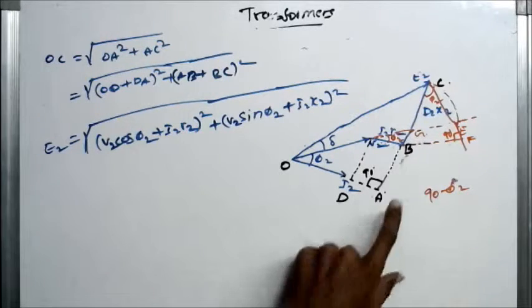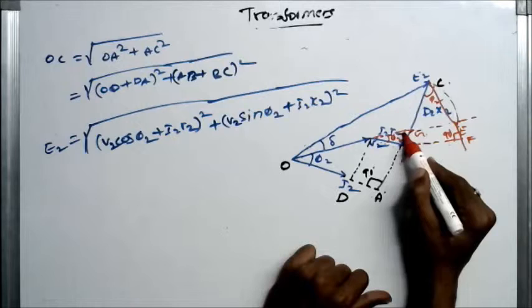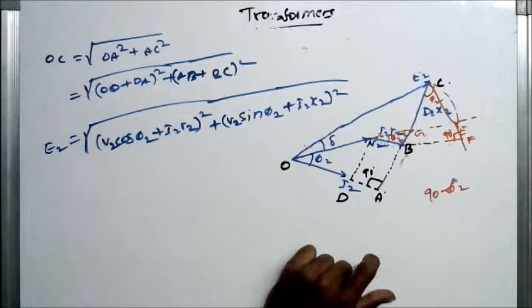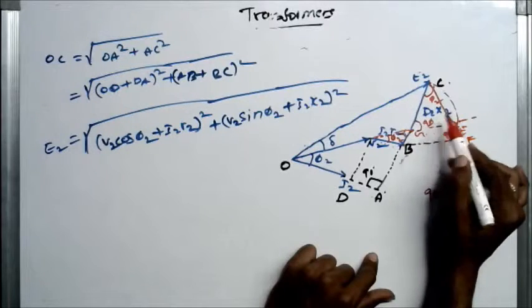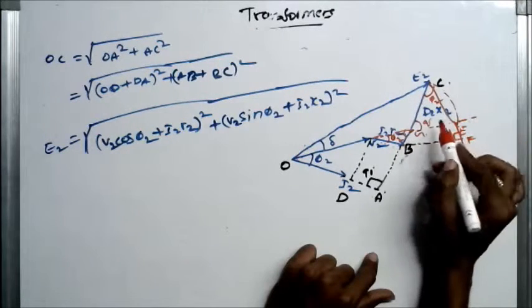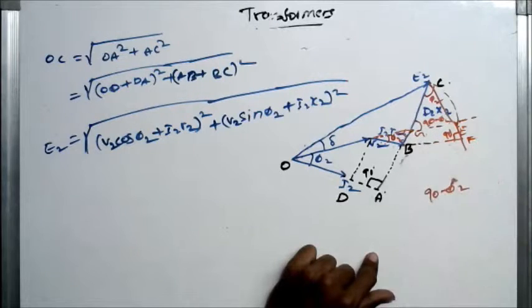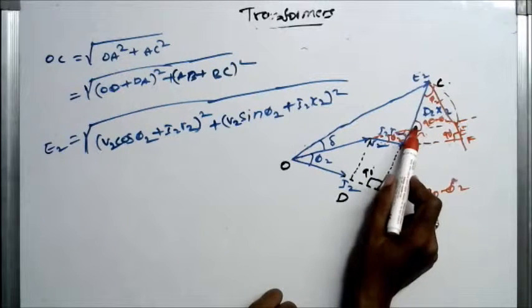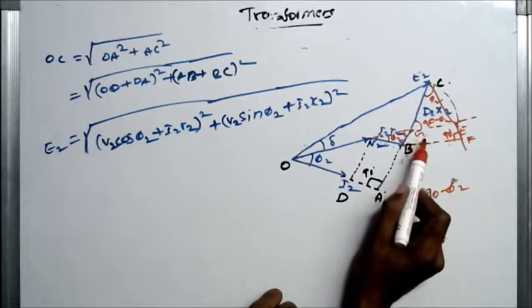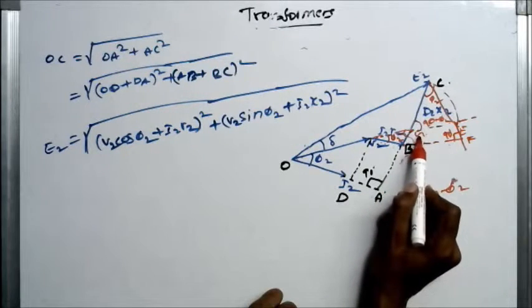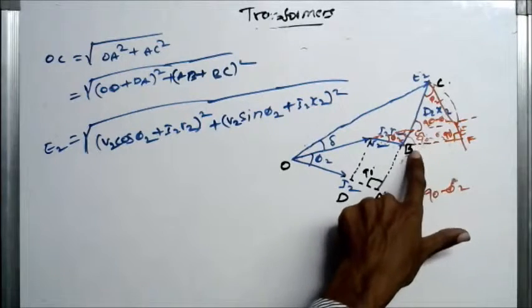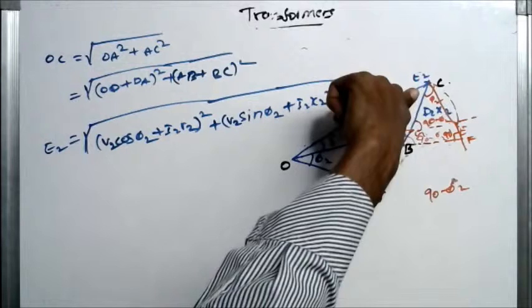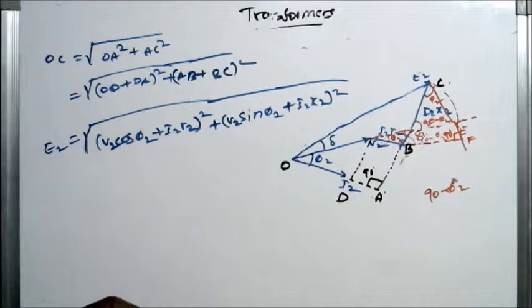Is it? This angle also is 90 minus phi 2. So these two lines are parallel, so this angle is also 90 minus phi 2. So this is 90 degrees, this is 90 minus phi 2. This must be phi 2 to satisfy the 180 degrees inner angles of a triangle.